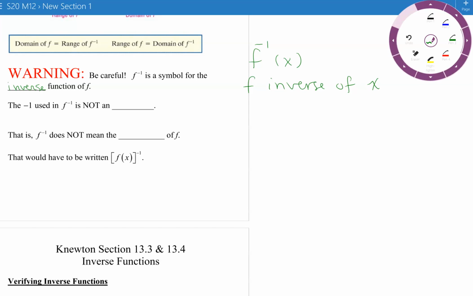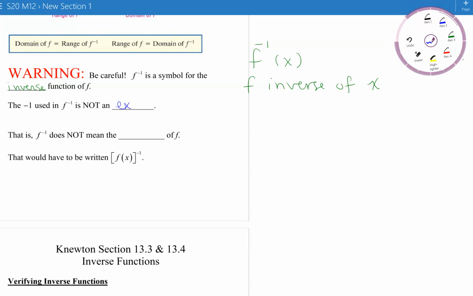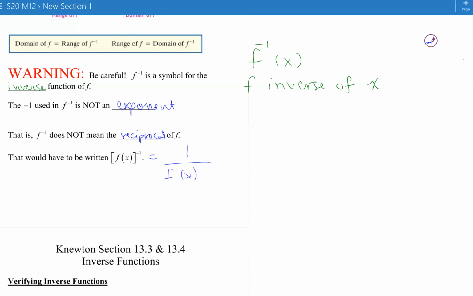So this -1 is not an exponent. Even though it's in the position of an exponent, it's doing a completely different job and has a completely different meaning. So it does not mean the reciprocal of f. If you wanted to write the reciprocal of f, you would have to put the f of x in a bracket with an exponent of -1 to mean 1 over f of x.